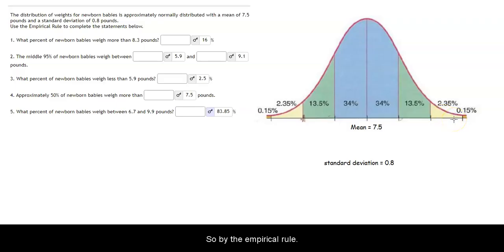By the empirical rule, if data is normally distributed, then 68% of the data lies within one standard deviation of the mean value. So that's this blue shaded area here. And also, according to the empirical rule, 95% of the data will lie within 2 standard deviations. So that includes the green and blue shaded areas.